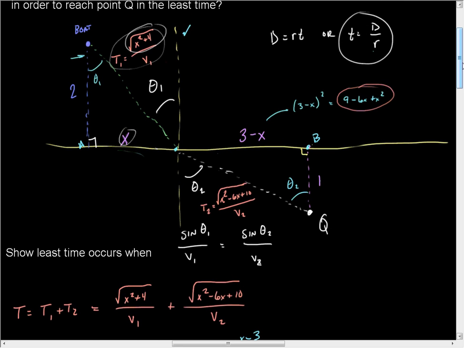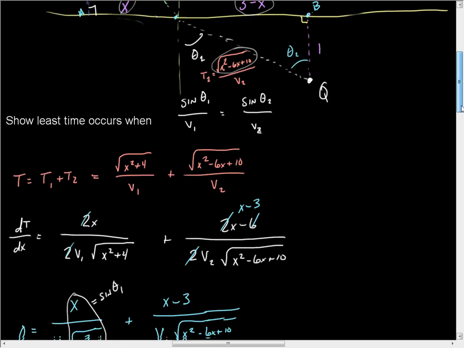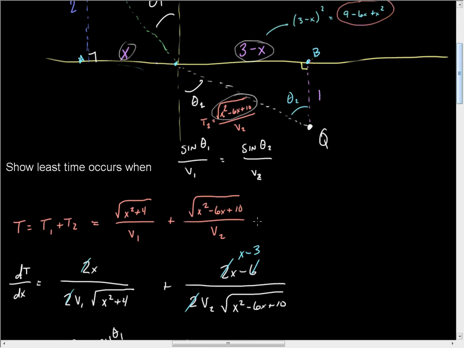All right, now we're going to have to use a little bit of knowledge here. If you look at theta 2, the opposite is going to be 3 minus x, and the hypotenuse is going to be this, the square root of x squared minus 6x plus 10. And so now we have x minus 3 and 3 minus x.